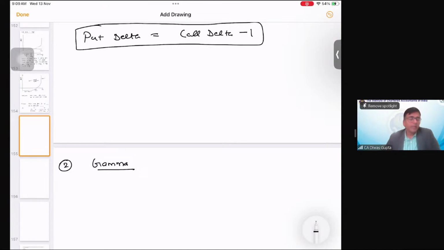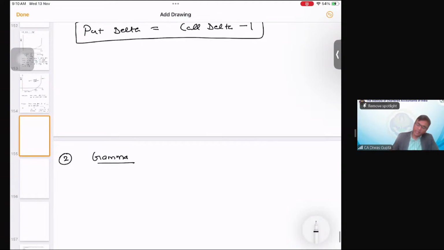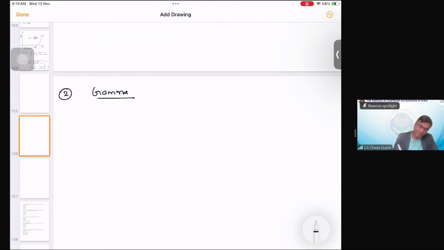Okay, so now what is gamma? Gamma measures the rate of change in delta as the underlying spot price changes.